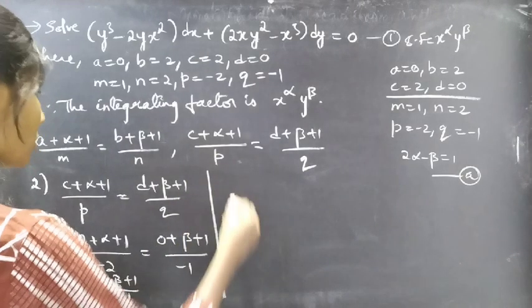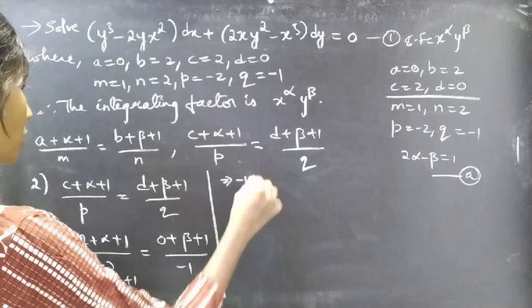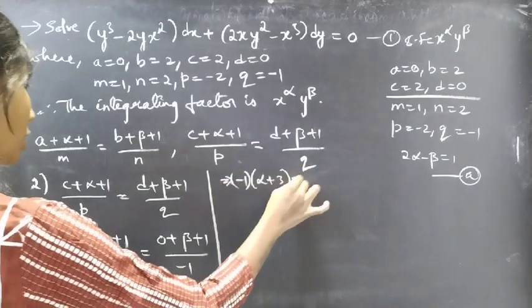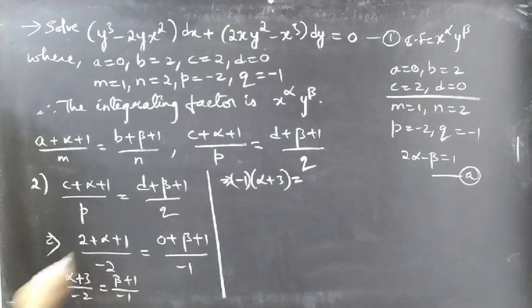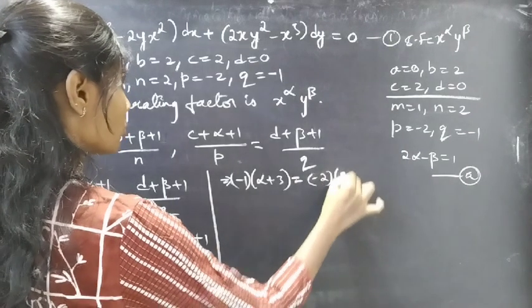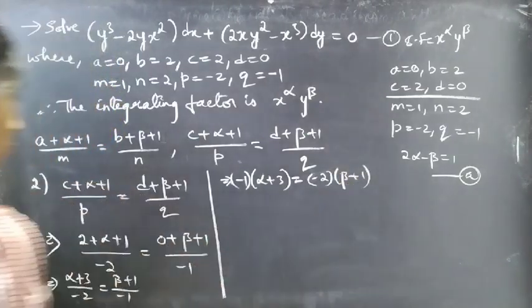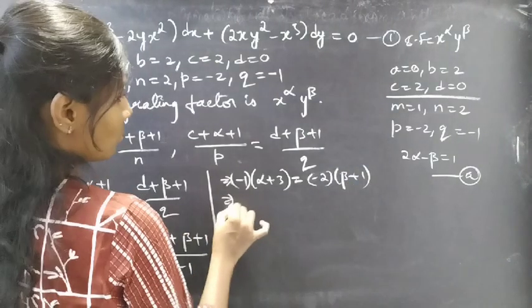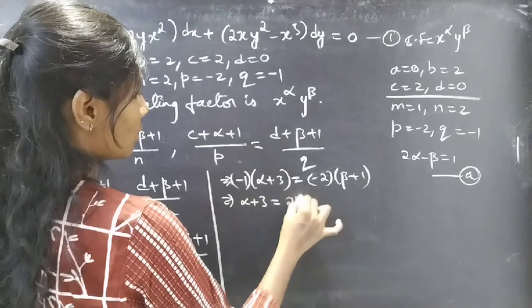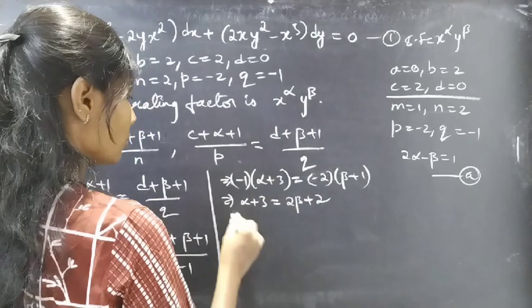We can write this as minus 1 into alpha plus 3 equal to minus 2 into beta plus 1, just make cross multiplication, which gives us alpha plus 3 equal to 2 beta plus 2, right.